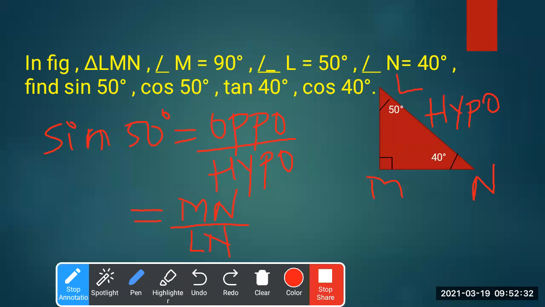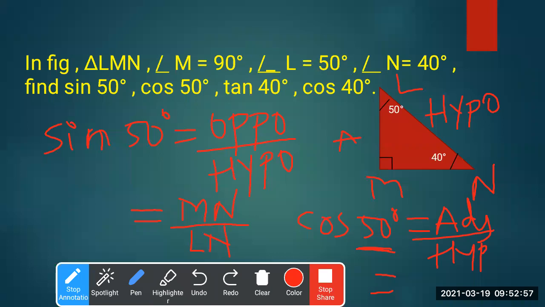So what is the cos definition? Cos 50 degree is adjacent upon hypotenuse. So 50 degree, they have focused on 50 degree. So if this is opposite, then this has to be adjacent.